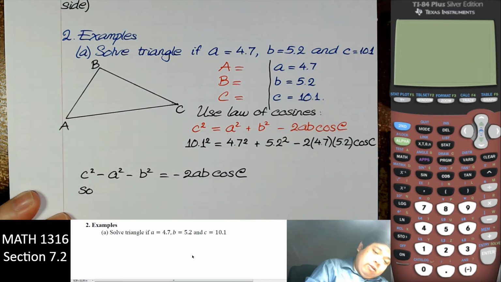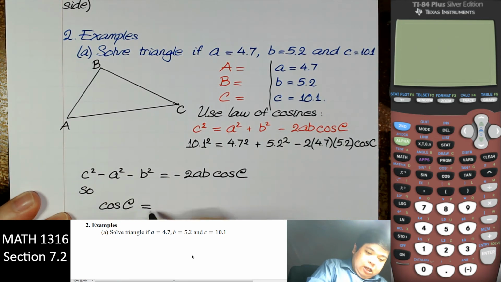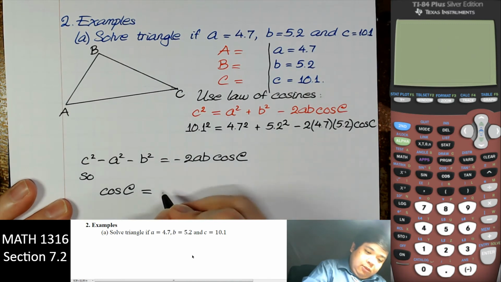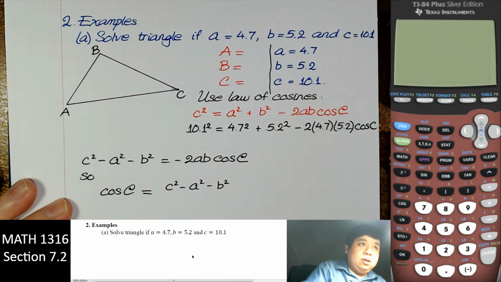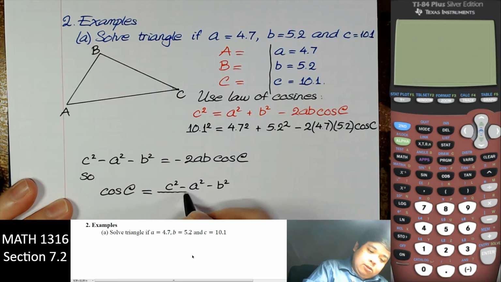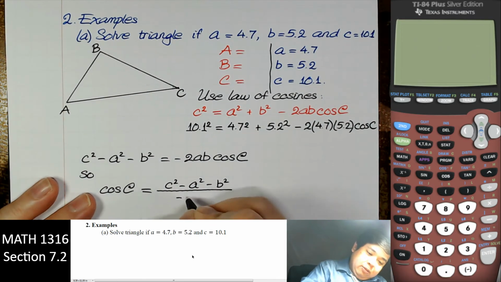So we have cosine of C equal to C squared minus A squared minus B squared over negative 2AB.